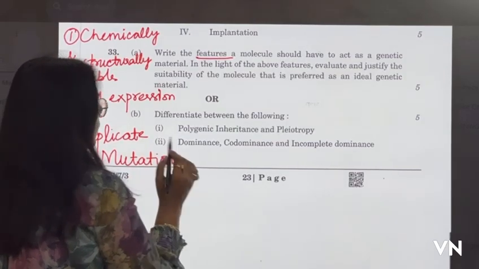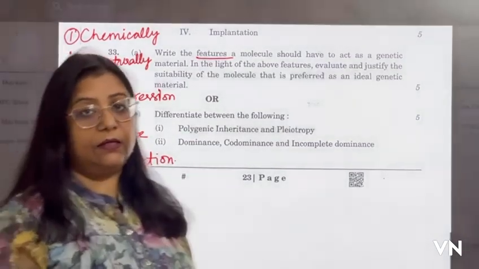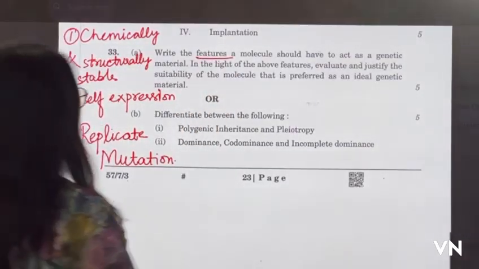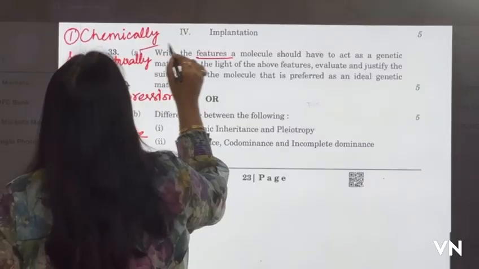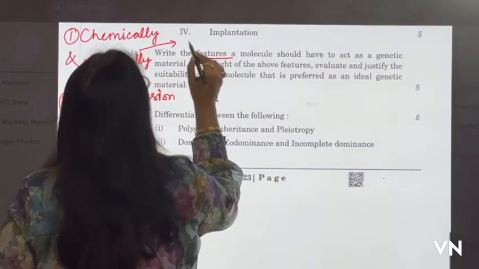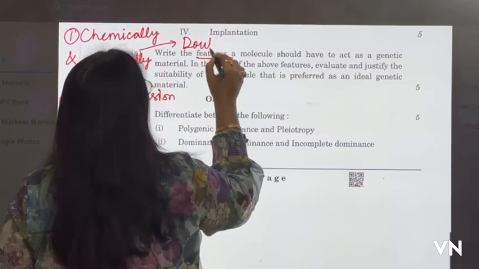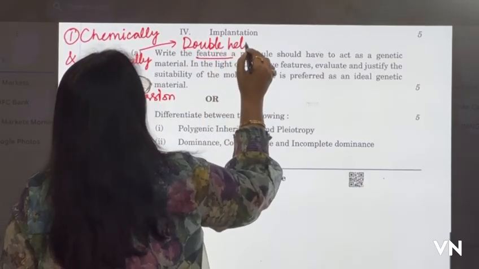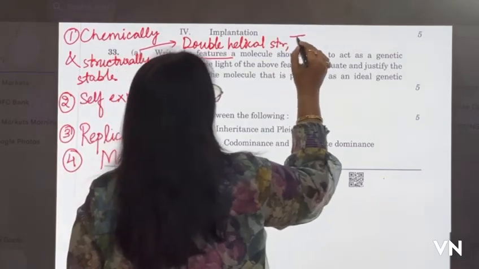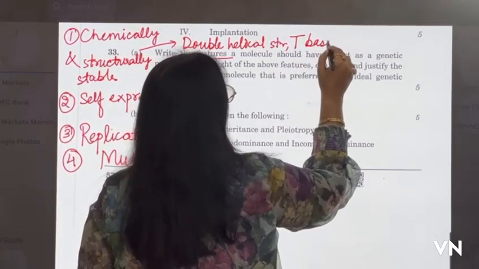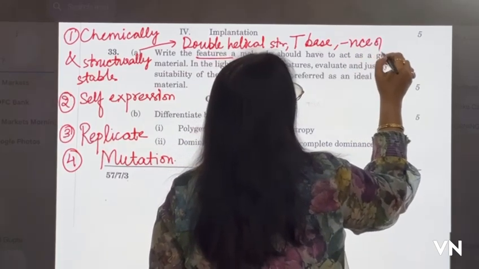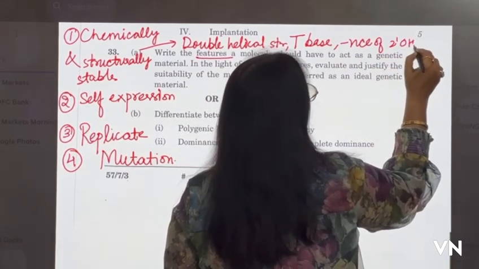Out of DNA and RNA as a genetic material, DNA is the better or ideal genetic material because DNA is chemically and structurally stable, due to its double helical structure, presence of thymine base and absence of 2' OH group.